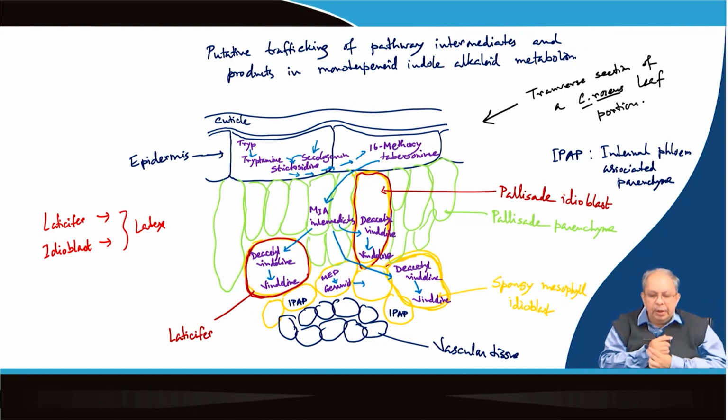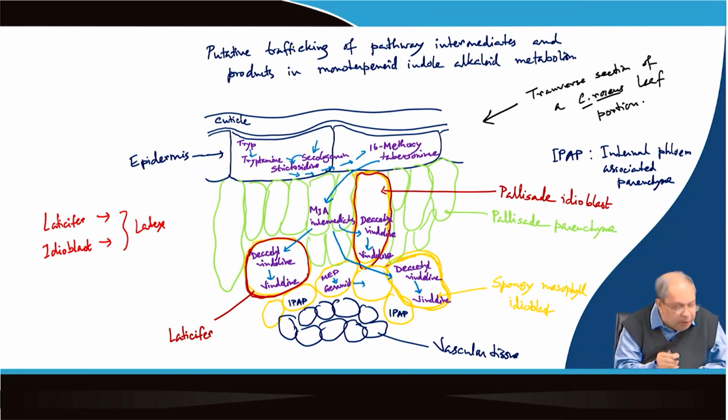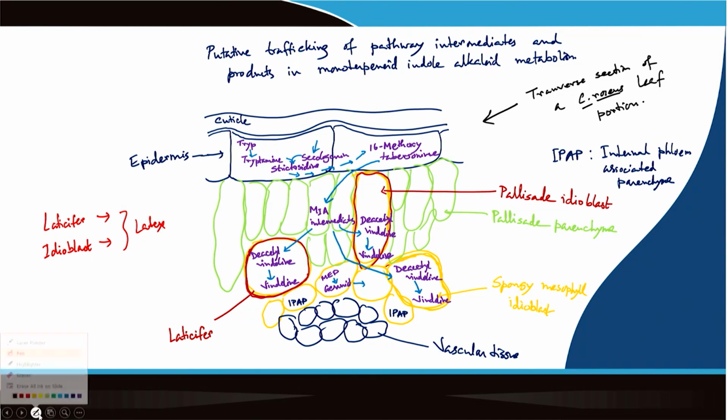So, this is in brief the anatomical structure of the leaf tissue and where the pathway operates, but still it is not complete, because before I end this class, I will make a short list here. So, this laticifer and the idioblast, as I said.